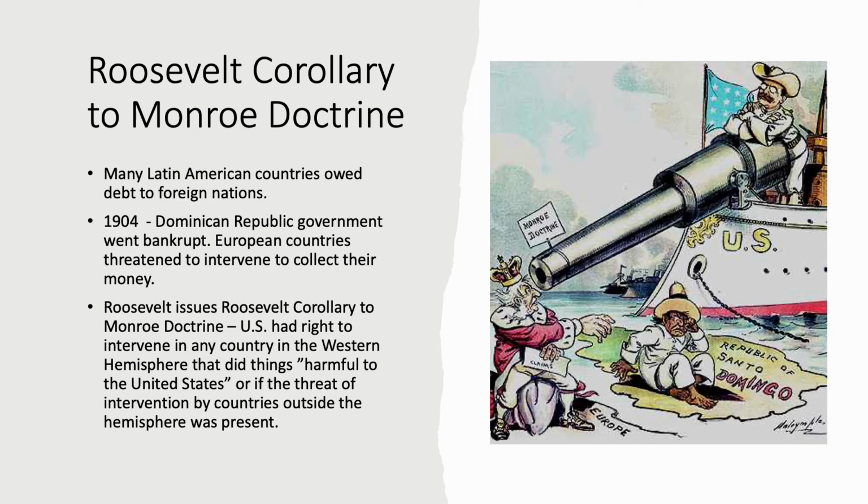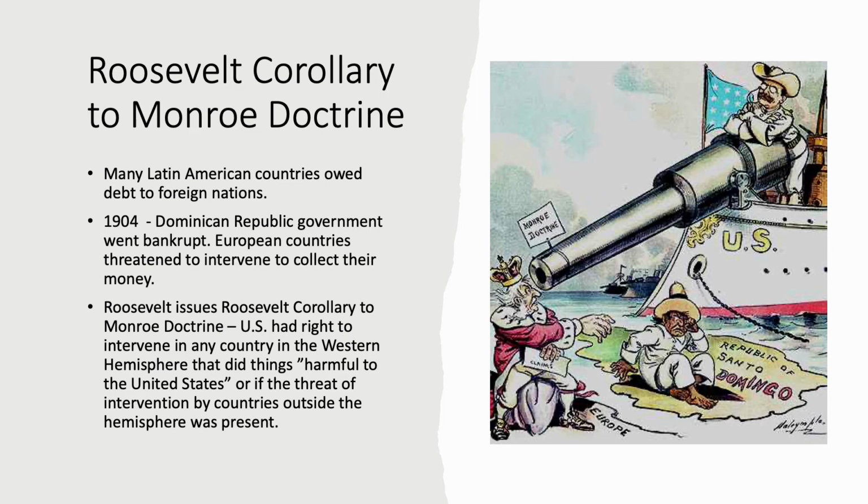Another thing that Roosevelt does while he's president is he tries to take more control of Latin America. So he creates this document called the Roosevelt Corollary, and it's an addition to what was called the Monroe Doctrine.